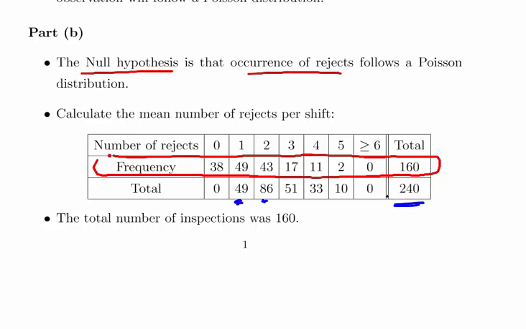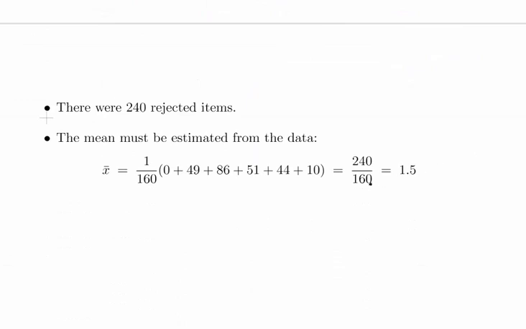Okay, now this is a good bit of number crunching there. So you just have to figure out that overall there was 1.5 rejects per shift on average. Okay. So the mean is 1.5 rejects per shift.